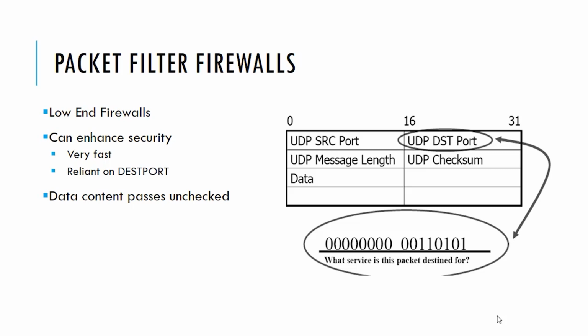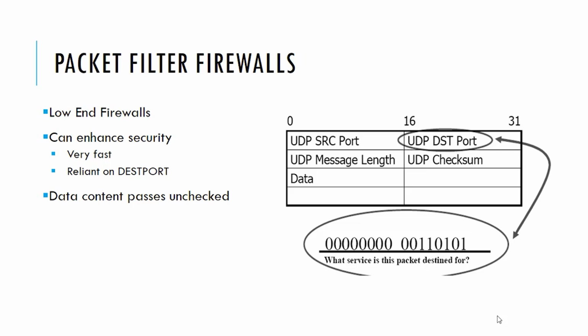So this type of firewall checks only the header, only some fields related to the source IP, destination IP, source port number, and destination port number, and takes the decision whether to accept or reject this packet according to these fields only. So the data content inside this packet passes unchecked.